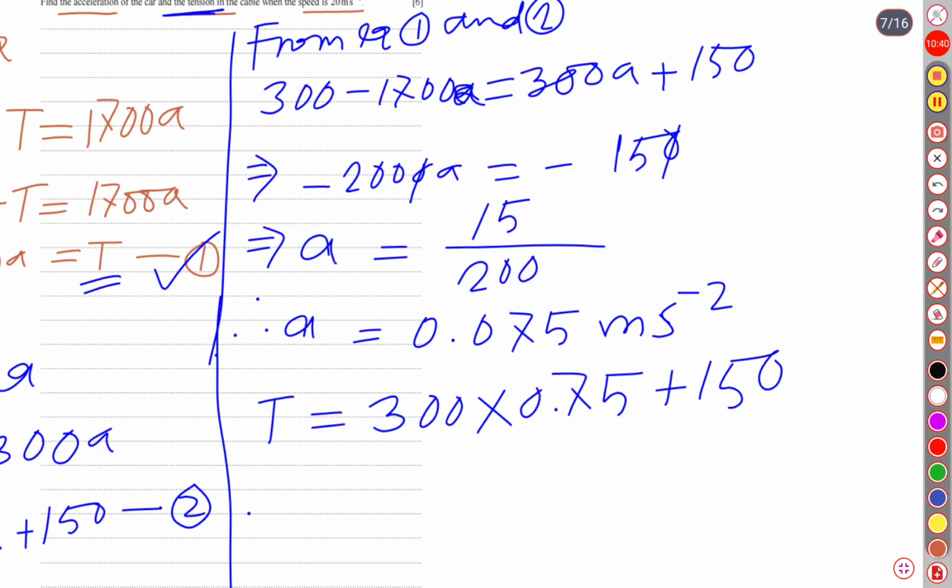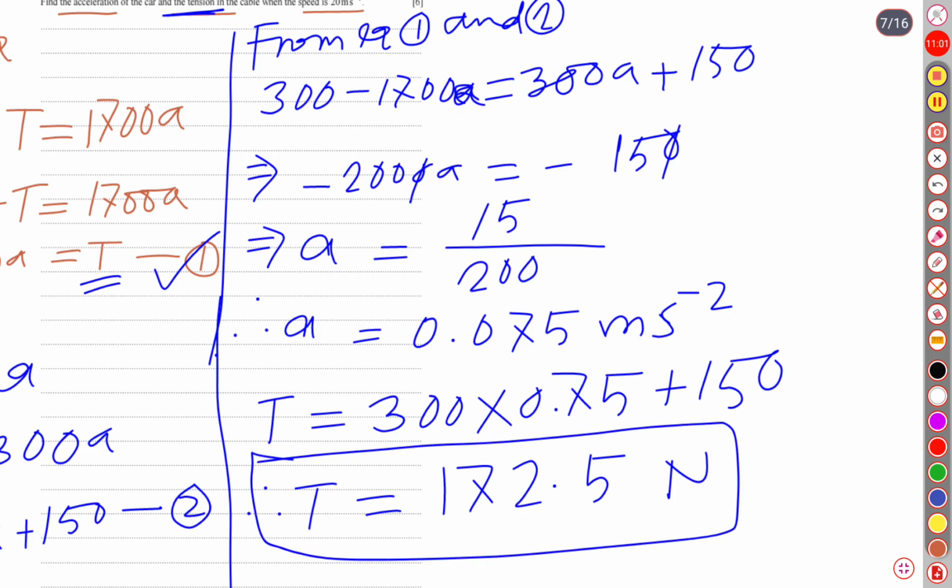If we add up these two quantities, then tension is going to be 300 into 0.075 plus 150 equal to 172.5 Newton.